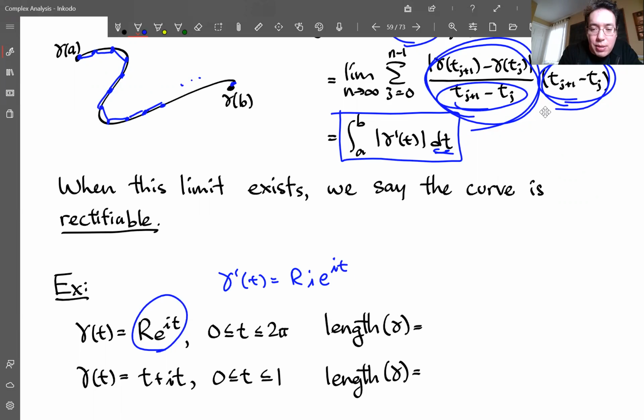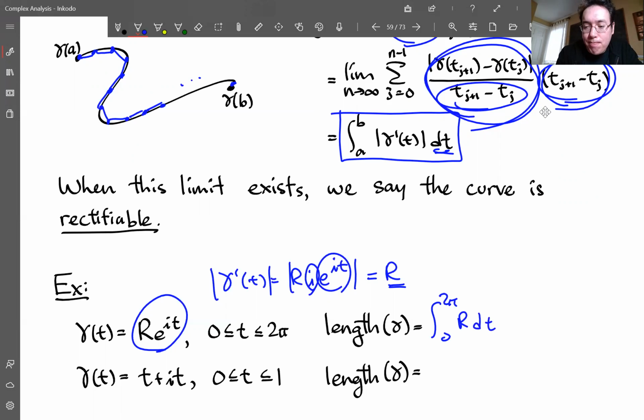If we take the magnitude, the constant R I can just pull outside of the magnitude, and i has magnitude 1. e to the it also has magnitude 1. So the magnitude is the fixed constant R. So we're just integrating R from 0 to 2 pi. So the arc length is going to be 2 pi R. That's the circumference of a circle of radius R, right?